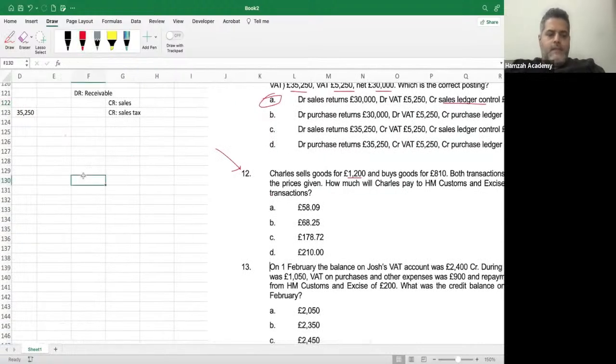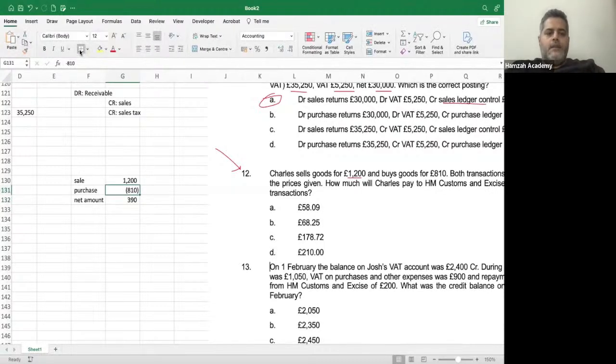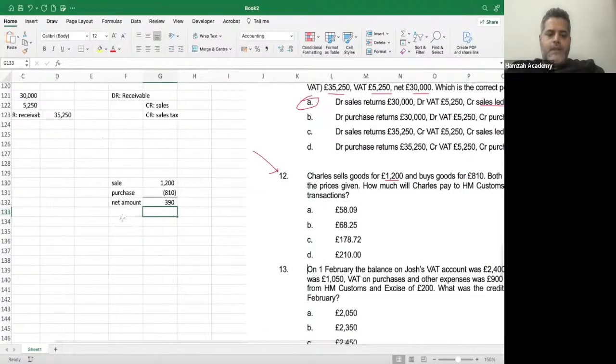If this is the case, we have a sale of 1200. We have a purchase, that's 810. Net amount is 390. And both of these transactions include the VAT, so VAT is inclusive in this.